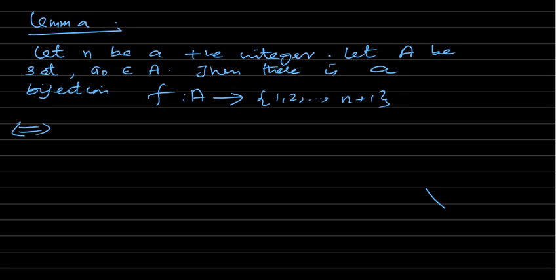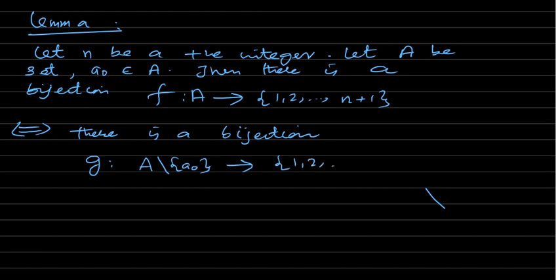देखिए अगर ये बाइजेक्शन होगी आपके पास, रिजल्ट ये है कि अगर आप इसमें से एक एलिमेंट कम करोगे, A में से एक A naught को बाहर निकालोगे और यहाँ से n plus 1 बाहर निकालोगे, then there is still a bijection between these two sets, if and only if there is a bijection G from the set A minus A naught to this set 1 2 up to n. तो दिस लुक स्ट्रेट फॉरवर्ड है. अगर यहाँ से यहाँ तक बाइजेक्शन है, आप यहाँ से भी एक एलिमेंट बाहर निकालोगे, और इस से भी जो लास्ट एलिमेंट उसको रिमूव करोगे.